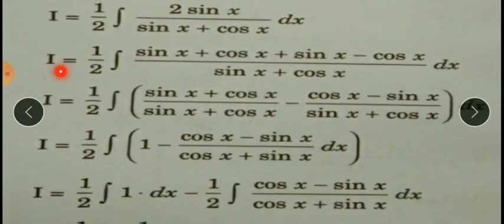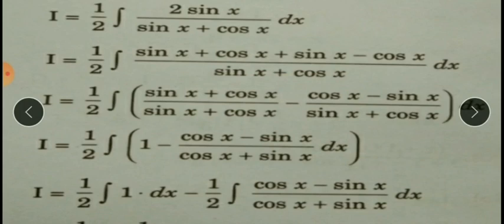Now we can write I is equal to 1 upon 2, where 2 sin x can be written as sin x plus sin x, adding and subtracting cos x. Here this is plus cos x and this is minus cos x. The denominator is as it is; there is no change in the denominator.